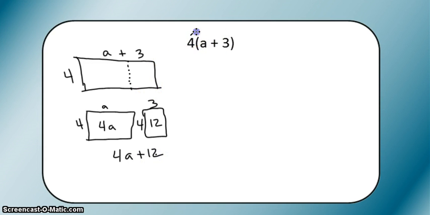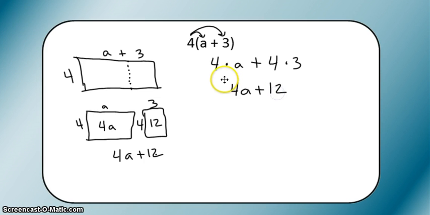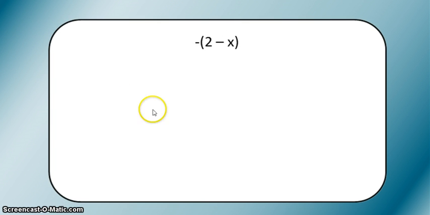We take this 4, give it to the A, multiply it by the A, and also multiply it by the 3. So we get 4 times A plus 4 times 3. 4 times A is just 4A, plus 4 times 3 is 12. Done. Now we can't do anything until we know what the A is. Alright, go on to the next example.